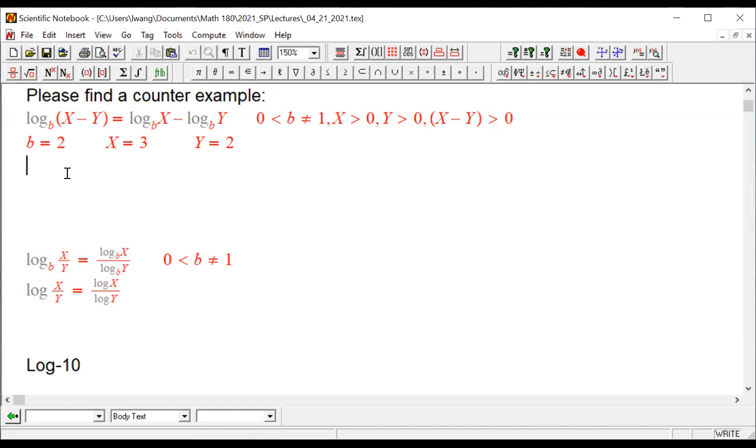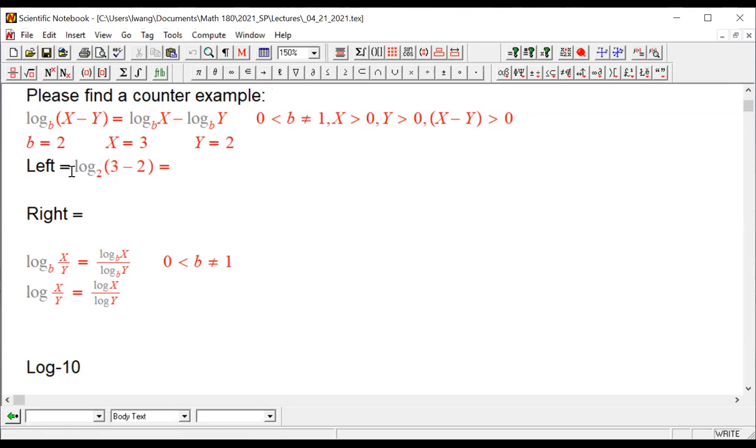So left, right, right, left. You plug in the left. So that's a 2, and that's a 3 minus 2.